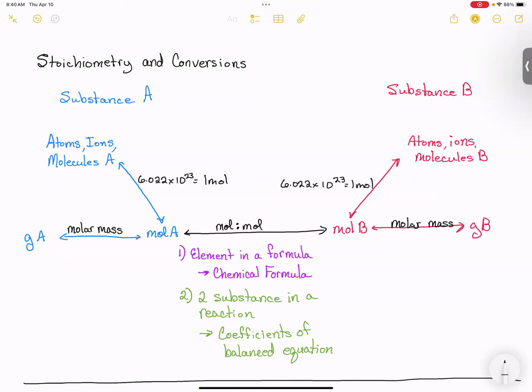And you'll notice molar mass, okay? We calculated molar mass. The mole-to-mole ratio, because we were dealing with the 2 substances in a reaction, we used the coefficients of the balanced equation. And then Avogadro's number.